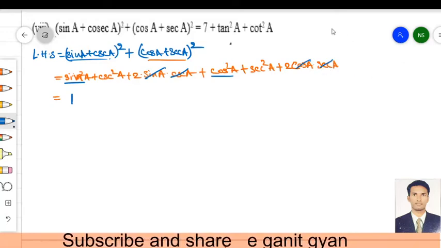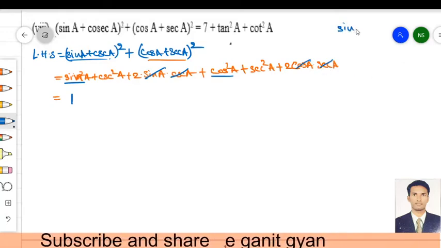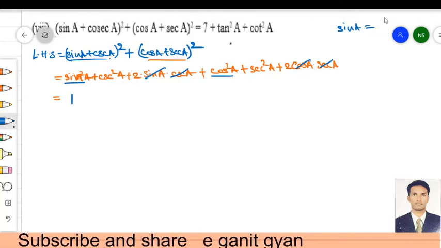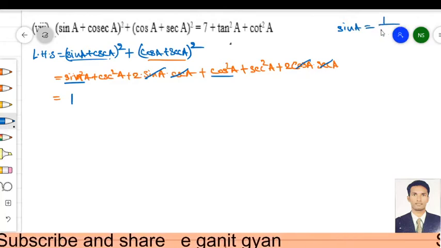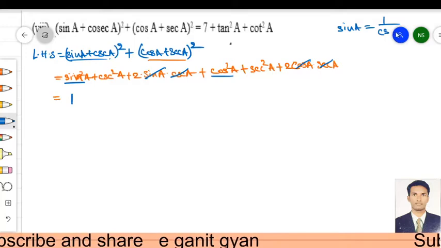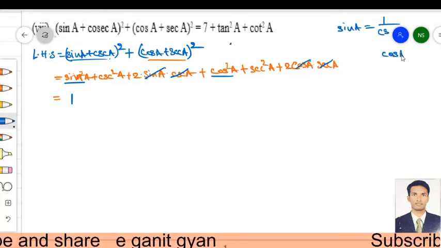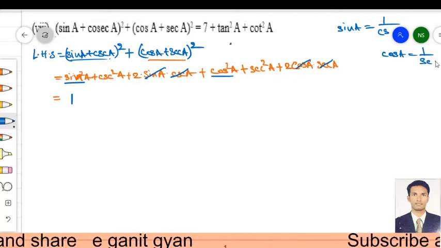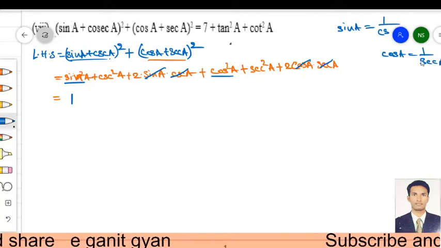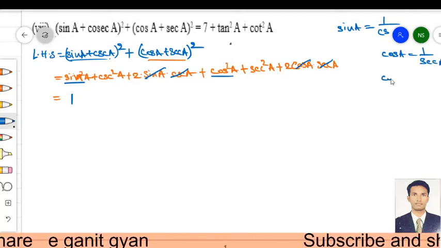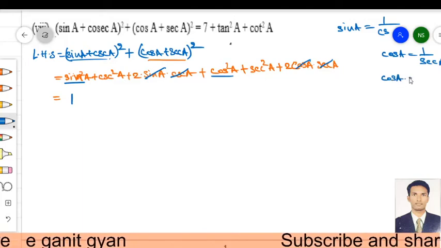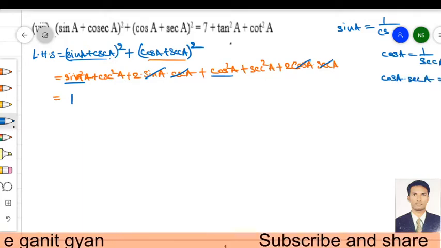cancelled. Why? Because sin a is equal to 1 by cosecant a, cos a is equal to 1 by secant a, and if you send this secant a this side, you will get cos a into secant a, which is equal to 1.